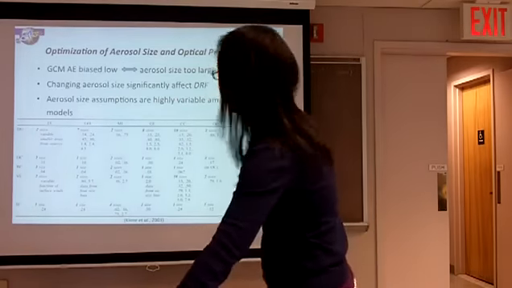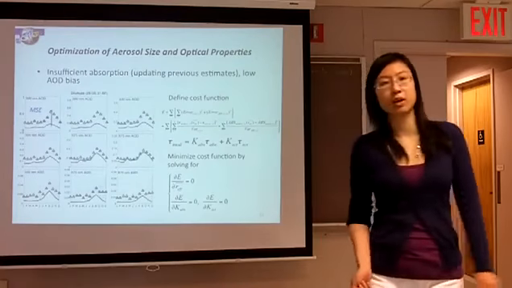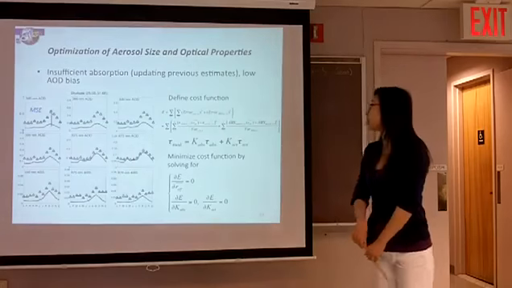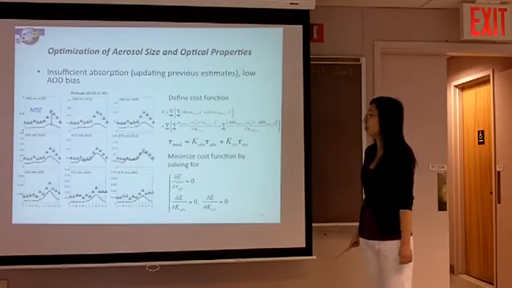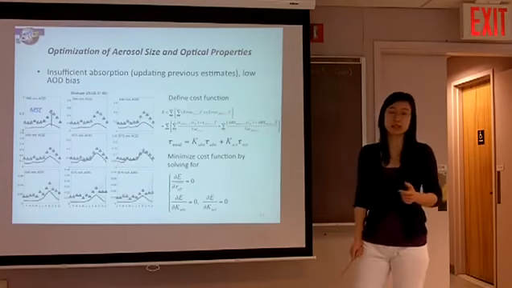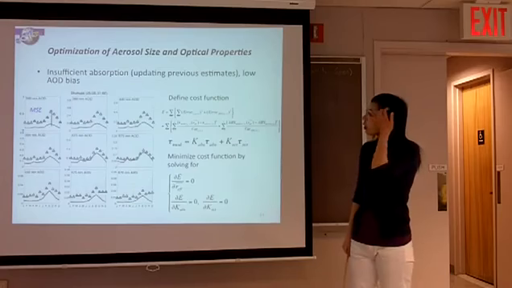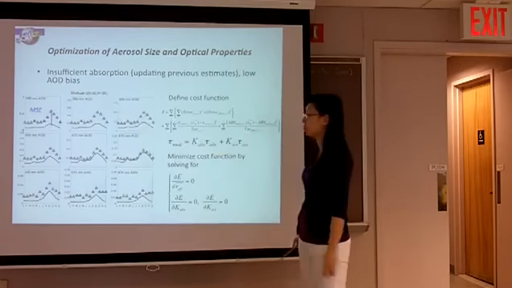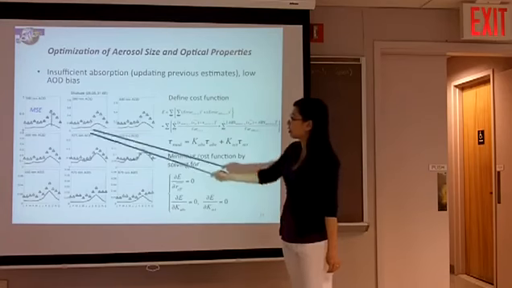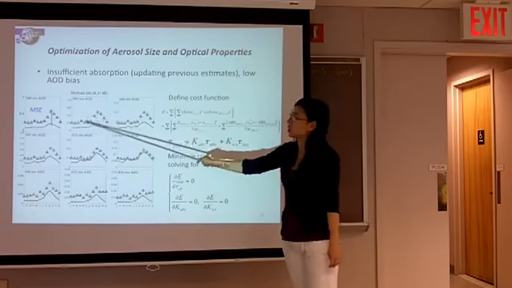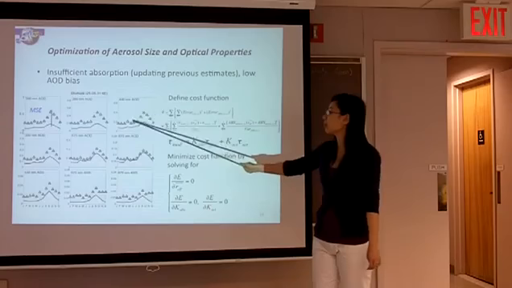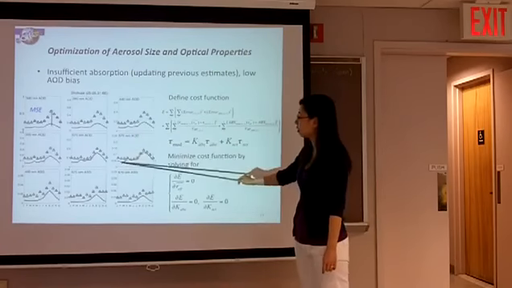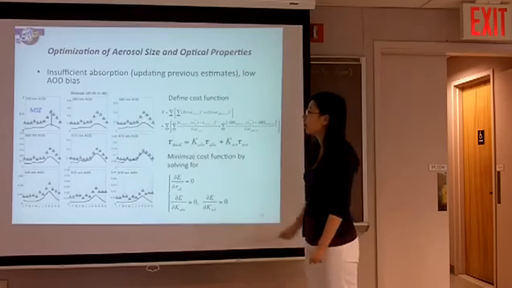Then, as mentioned, our aerosol size may be too large. Next, I will introduce a method to adjust the size of the aerosols. So we take this AERONET station as an example. These triangles are AERONET observations for this station, and this solid black line is the GCM result.